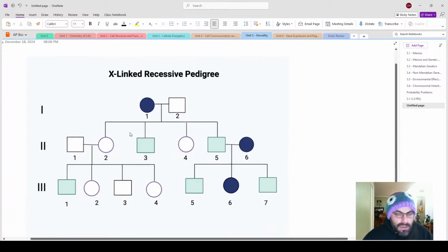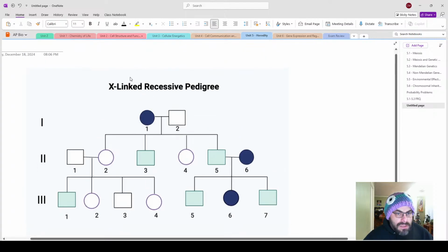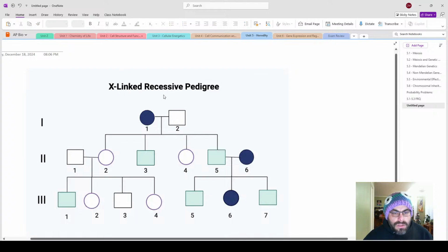Just looking at it, it's X-linked recessive. What does that mean? A couple things. First of all, it means that it is found on the X chromosome. And as soon as I see this distinction right here, it makes me think about the problem differently, right?